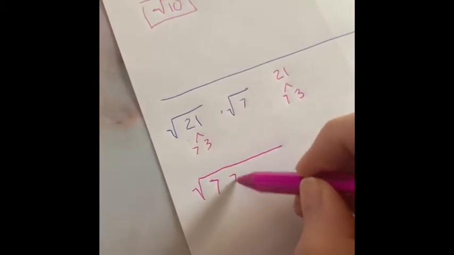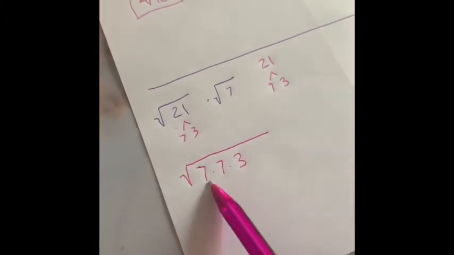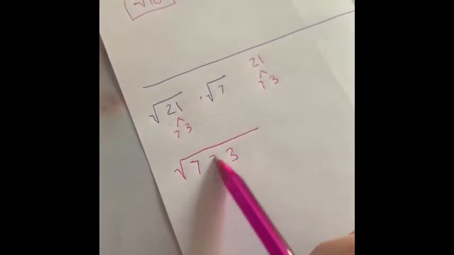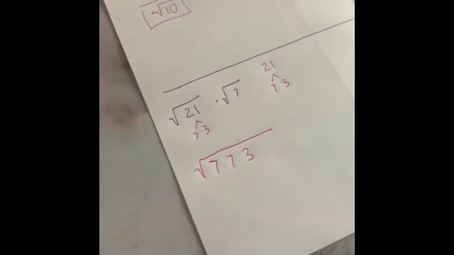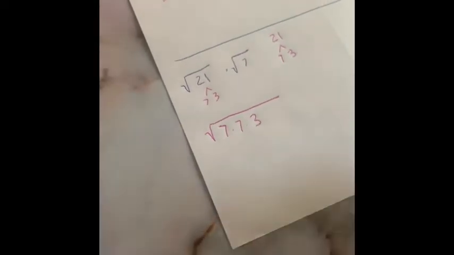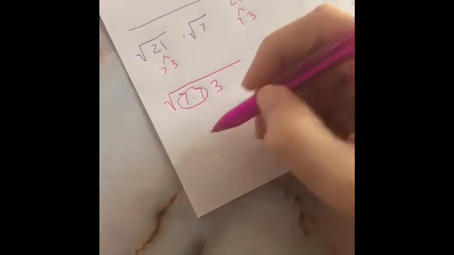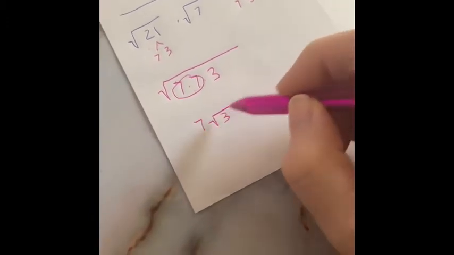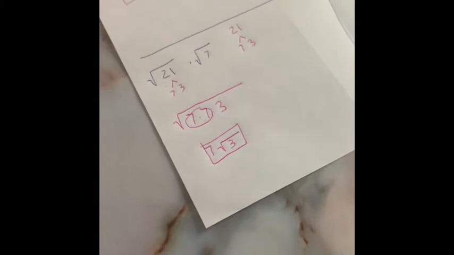So 7, 7, and 3. I like to group the ones that are the same together, so it's easier to look for your pairs. So here I got a pair of 7s. So when I do my final answer, I'll have a 7 on the outside because I had one pair of 7, and a 3 on the inside because that was left over, and that's going to be the answer.